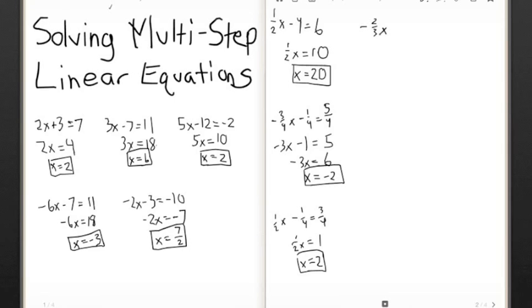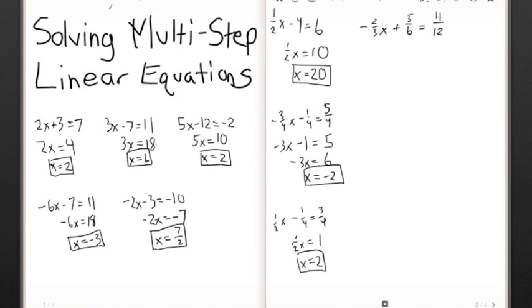Negative 2/3 x plus 5/6 equals 11 over 12. Now we can't just do what we normally do because we have all kinds of crazy fractions here. So let's see if we can multiply everything by 12.